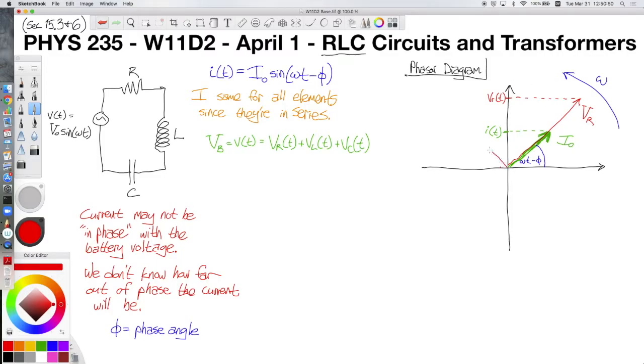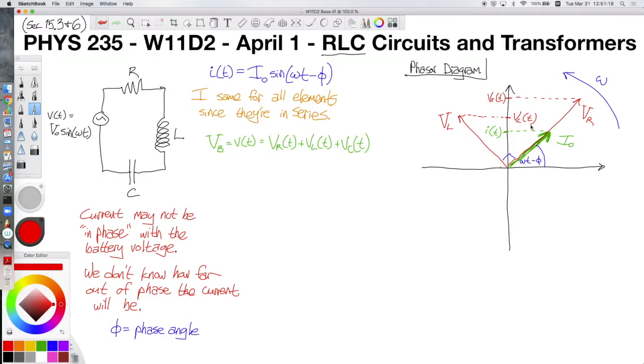So just like our phasor diagrams from our previous sections, the arrow for capital V of L, the maximum voltage across the inductor, will point here, 90 degrees in front of the current. And as with all phasor diagrams, the y component of this vector will give you the value of the voltage across the inductor at a specific moment in time.